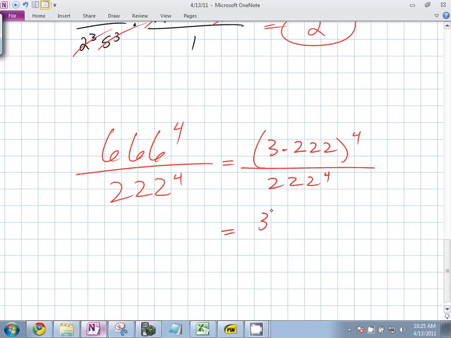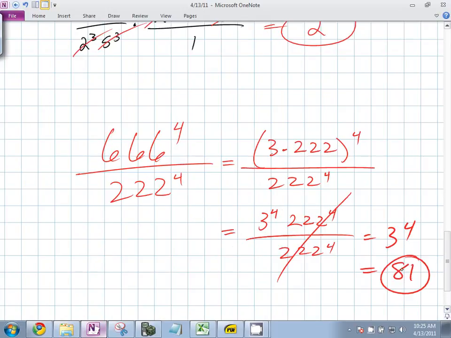Yeah, just kind of distribute it in. Yeah, 3 to the fourth over... What cancels now? Which is what? 81. Yeah. Do you ever want to actually do out 666 times 666 times 666? No. Again, smaller is better, right? Yeah. Good. Much easier. It stays nice for a little while.